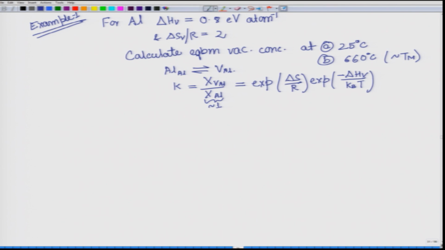Now, we can write XVAL as vacancy aluminum by Na. So, this will give you the vacancy concentration per mole.